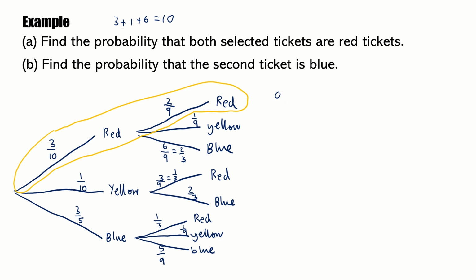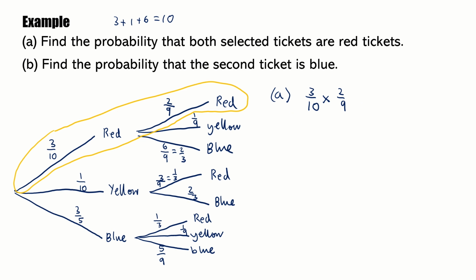Therefore, to solve part A, we're choosing the first ticket as red, which is 3/10, and then we're following on from that branch. We're picking the other branch, which has got red as well, which is 2/9, and we're therefore multiplying them together because we're doing one branch followed by another branch in the tree diagram, following along through a full route.